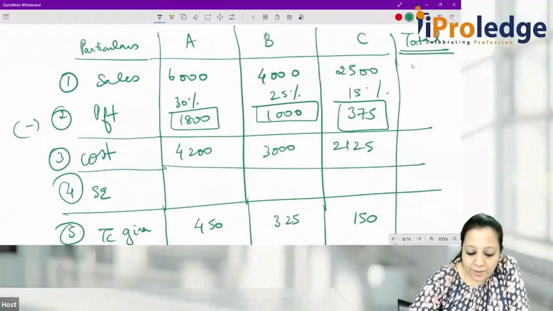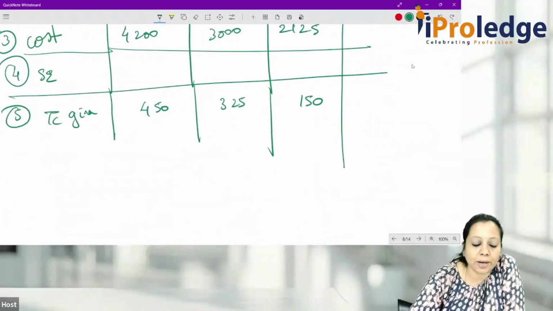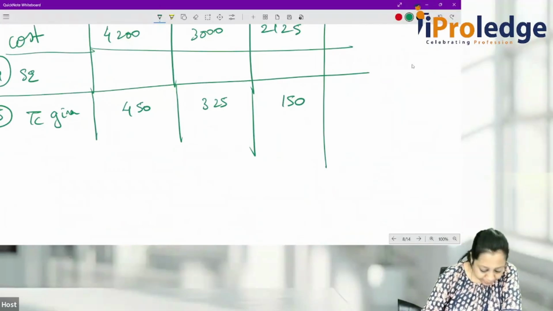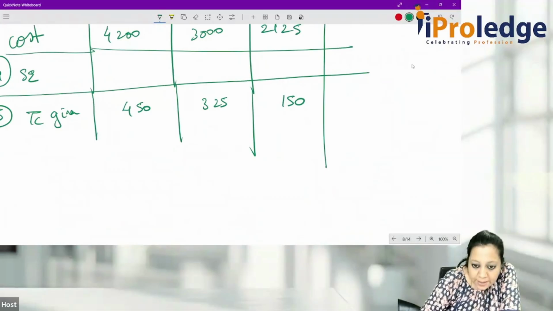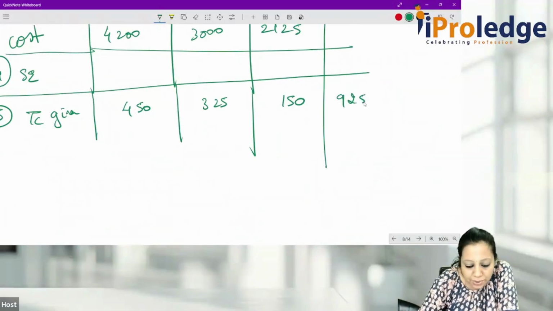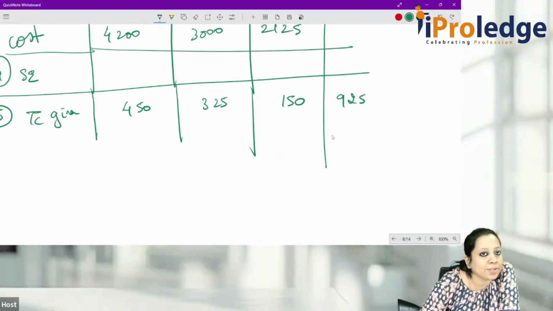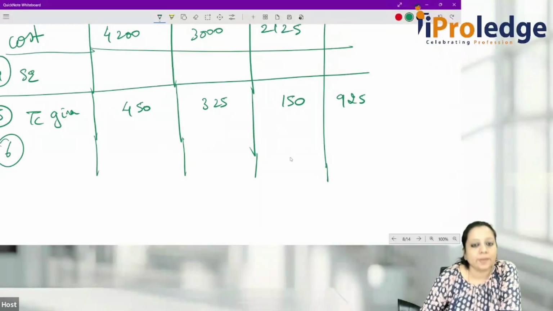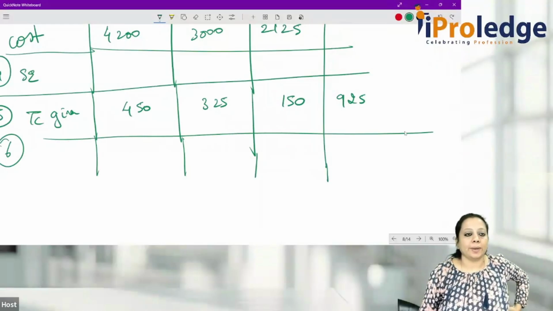Okay. So now we will proceed; until then the total column was not of any significance. So what is the total of the cost? 450 plus 325 plus 150. That is 925 total.